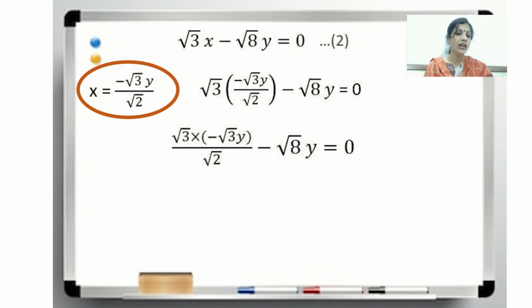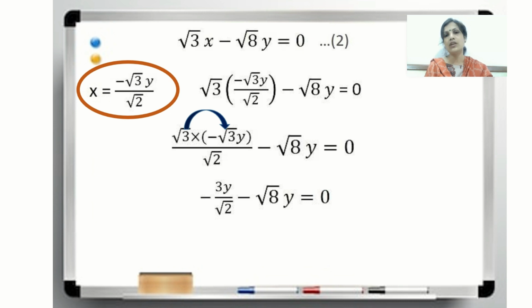Now √3 into √3, what does it give you? √3 into √3 is 3 and there is a negative sign there. So you'll have −3y upon √2 − √8y = 0. Now one term has a denominator and the other term does not have a denominator.